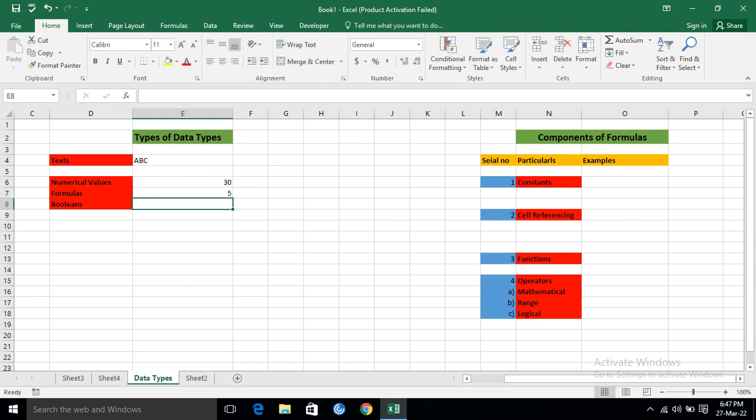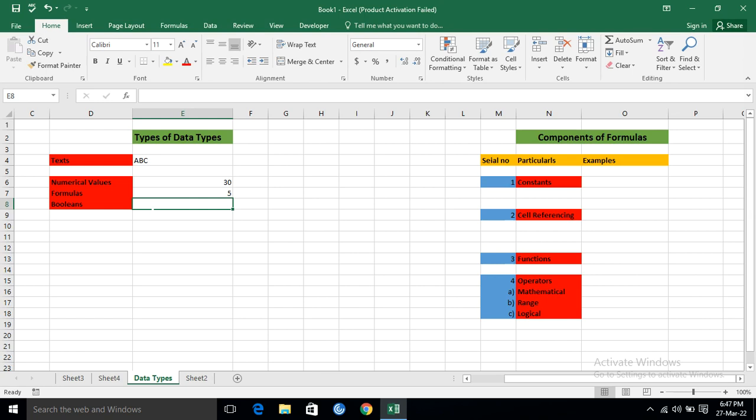So if I do equal to 2 plus 3, then it is coming to 5. But if I remove this, see this is coming like this. So basically they are treating this as a text. If you put equal to and then this number, then only they will be able to compute.